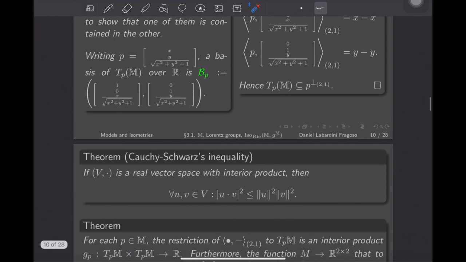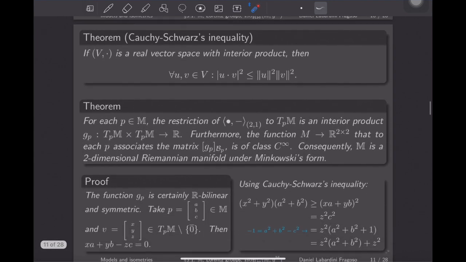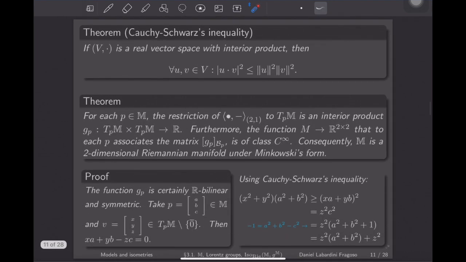Okay. And now the theorem that makes everything work, which is that for each point in the hyperboloid, when I consider Minkowski's form itself, but restricted to this two-dimensional space, what I obtain is an inner product for that tangent plane.